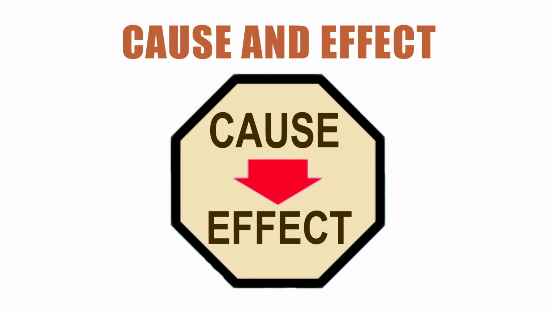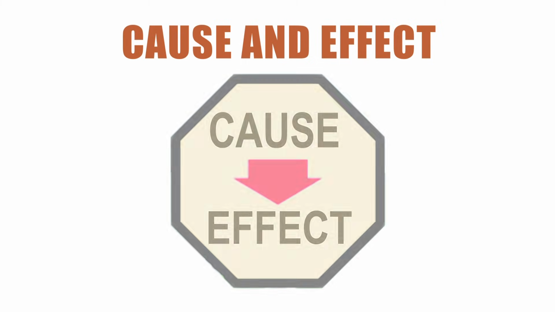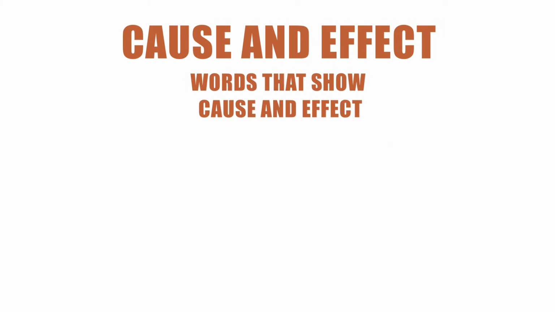Cause and effect. Cause and effect words signal that the author is explaining the reason that something happened or the result of something happening. Here are some common words that show cause and effect.